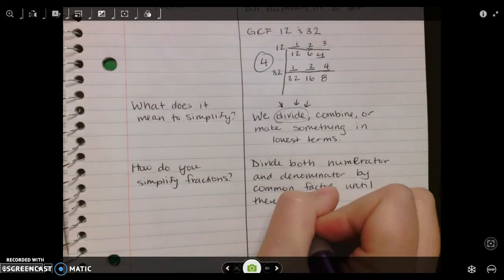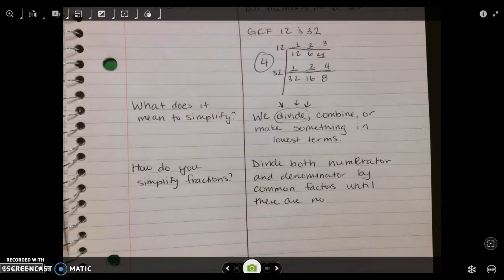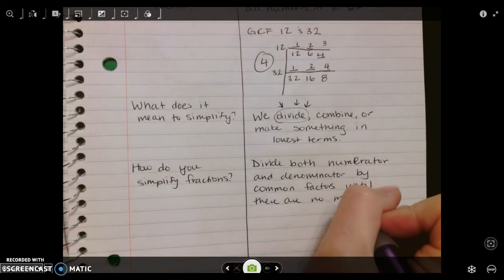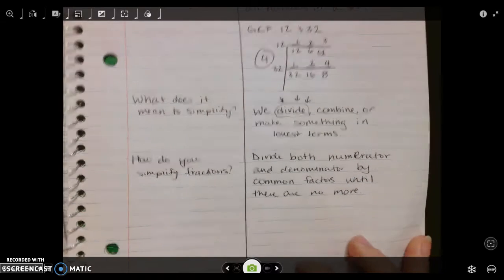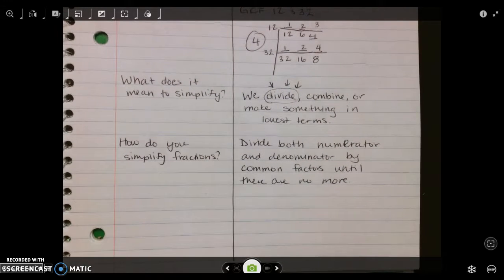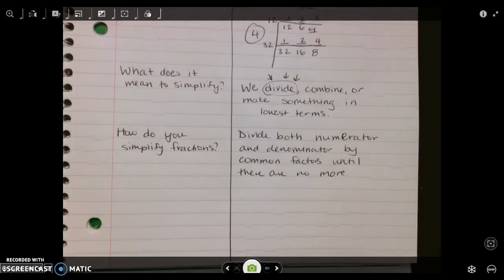Until there are no more. One will always be a common factor between two numbers, but if I simplify something by dividing by 1, it doesn't change it. So let me move my camera down here so we can have some space.